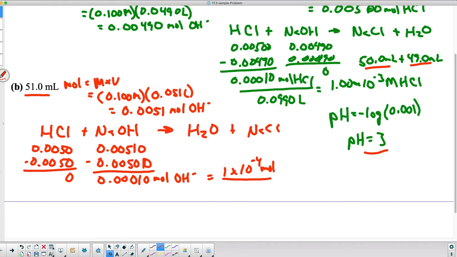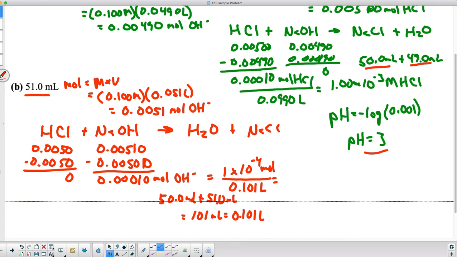Let me just write this out so you guys can see what's going on. 50 milliliters plus 51 milliliters is going to equal, obviously, 101 milliliters, which is going to be 0.101 liters. And that's what goes on the bottom here.